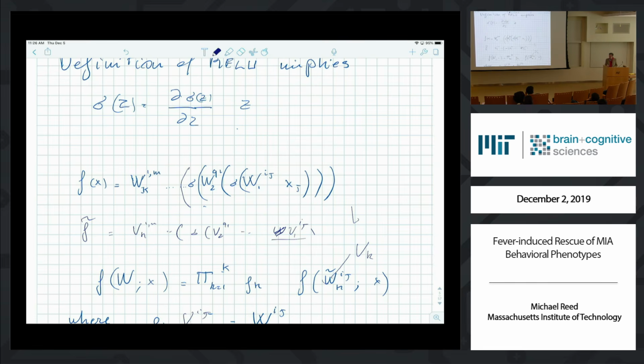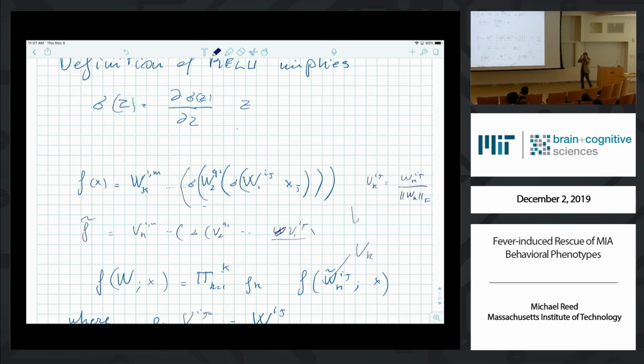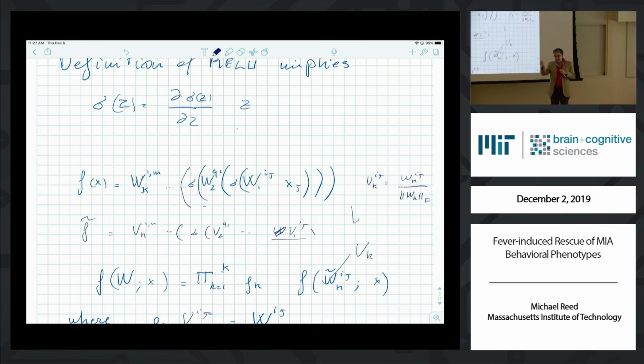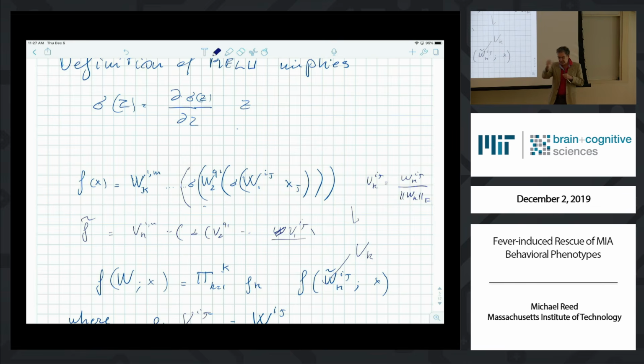The only thing that changes is that they replace the weights by the normalized version. For instance, v^k_ij will be equal to w^k_ij divided by the norm of w^k, a Frobenius norm. Is that clear? So it's like I have a network now where the weights at each layer have norm 1. If I take the sum of the squares, it is 1.